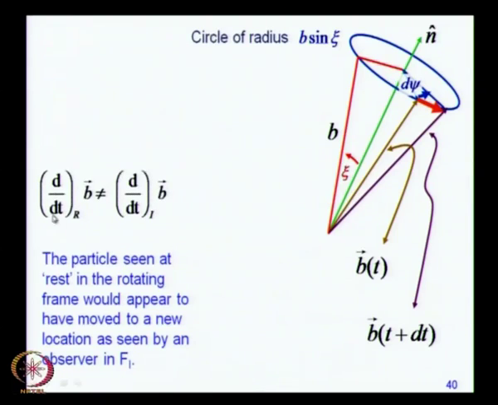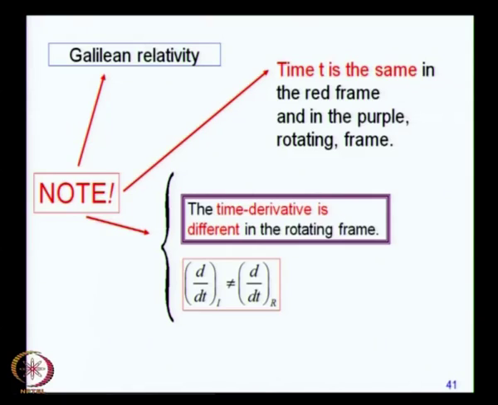The rate of change with respect to time of the vector b in the rotating frame is actually 0, as we know, that is by our choice, and this is obviously not equal to the rate of change with respect to time in the inertial frame of the vector b. Our question is, what is the difference? What you must remember is that we continue to work within the domain of Galilean relativity.